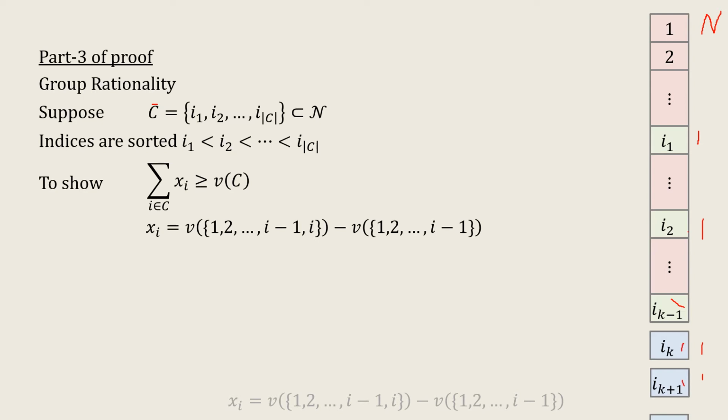These indexes are again in sorted order: i1 is less than i2 is less than i3, and so on. This is what I have to show to prove group rationality: the summation over i belonging to C of xi is greater than or equal to v(C), where this is the expression for xi.